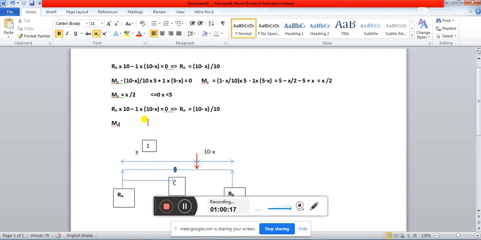If I want to write an equation for this, where x is, instead of 0 it is 5, and it is less than or equal to 10. So for this case, what will happen?